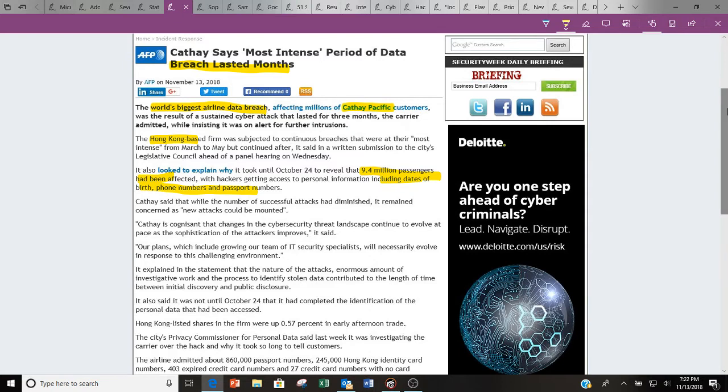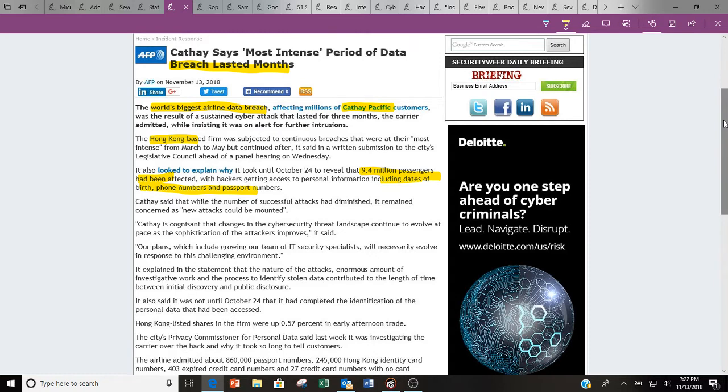I imagine we're going to be seeing information about Cathay Pacific for several months to come as they go through lawsuits and any potential fines that are imposed on them by government.